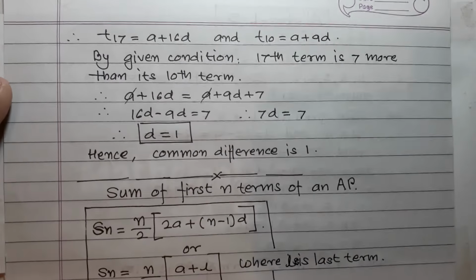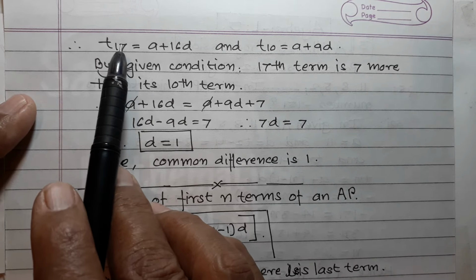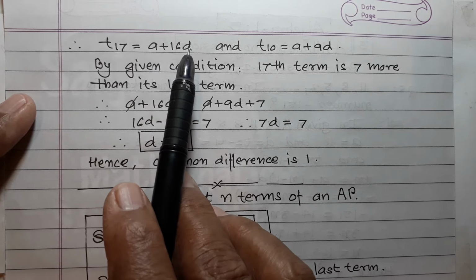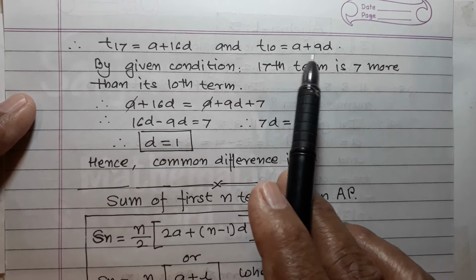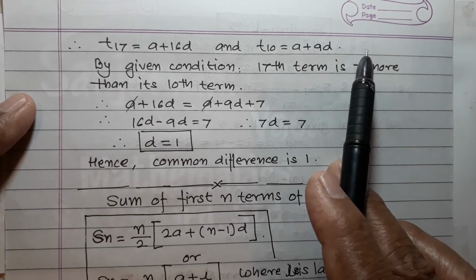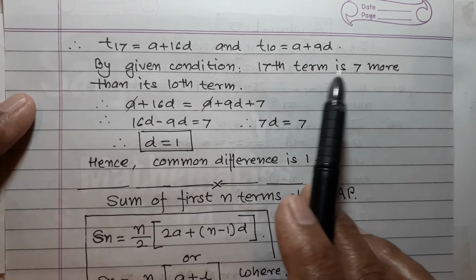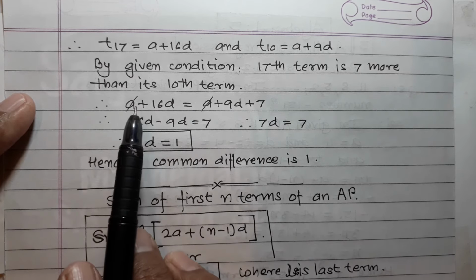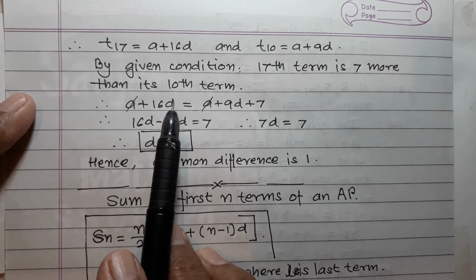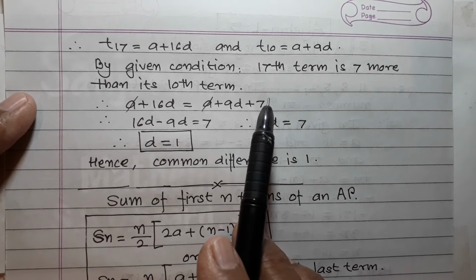And therefore the 17th term T17 is equal to A plus 16D and T10 is equal to A plus 9D. By the given condition, the 17th term is 7 more than its 10th term, and therefore A plus 16D is equal to A plus 9D plus 7.